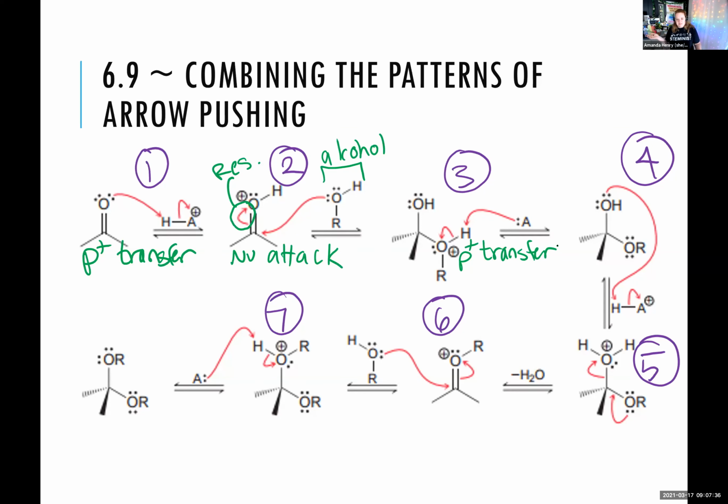So as you're looking at practice problems at the end of the chapter, there's problems that look like this. Don't be alarmed if half of the steps are proton transfers. That's just how it goes. So speaking of, what's number 4? Proton transfer.